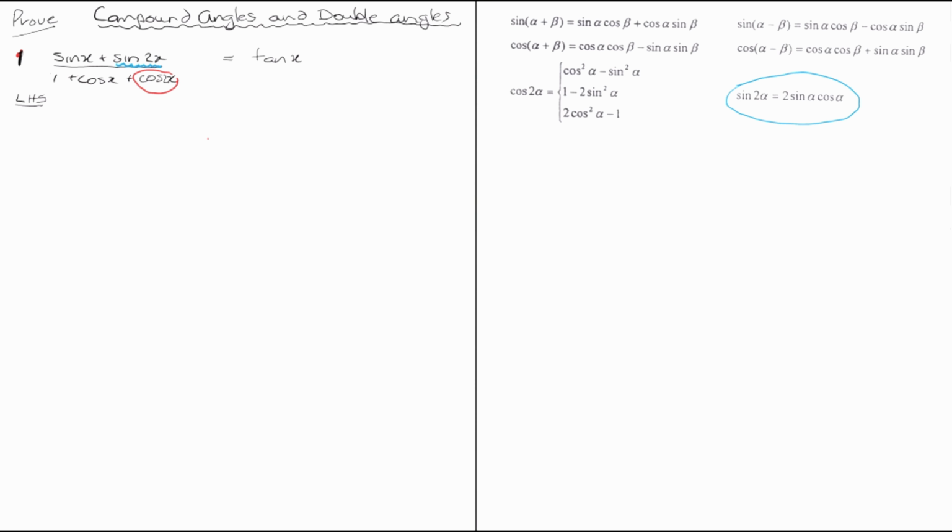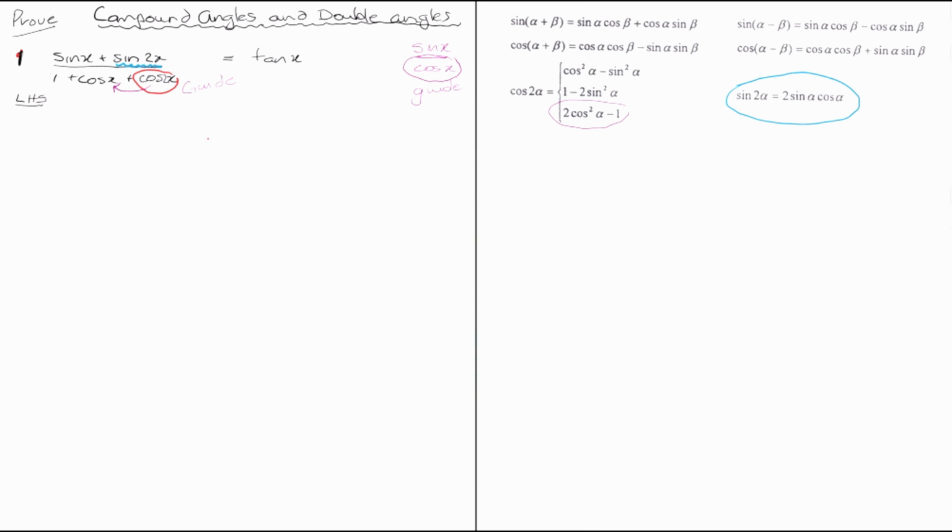This cos double is connected to a cos single, and if you look at tan, tan is sine x on cos x, and the denominator has a cos. So I have 2 guidelines to tell me to use the bottom formula. There's a guide and there's a guide. So it's not just guessing, it's a little bit more mathematical than that.